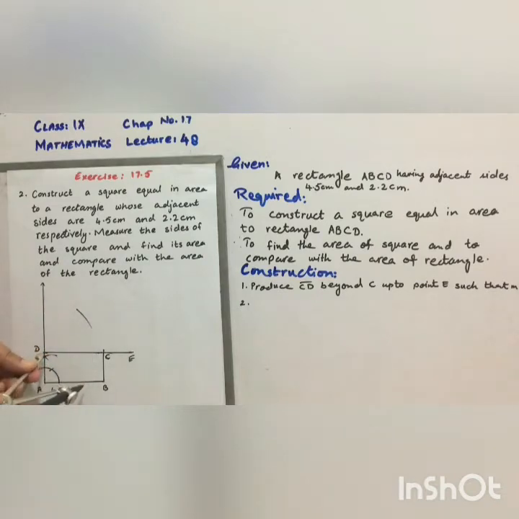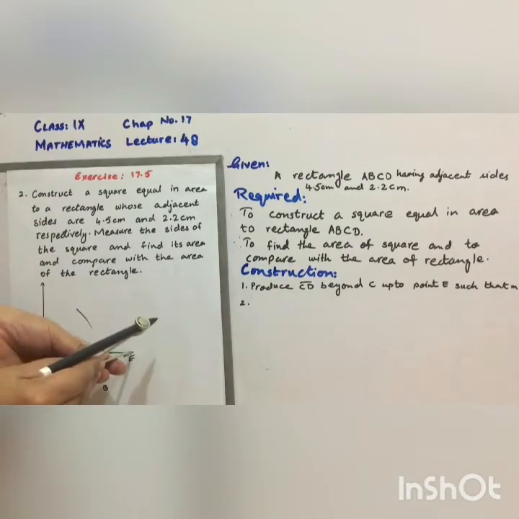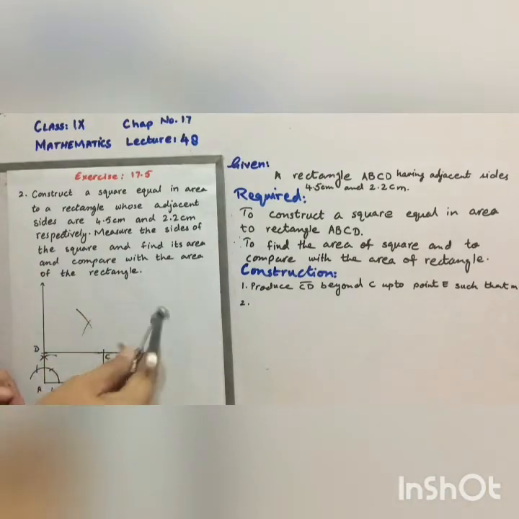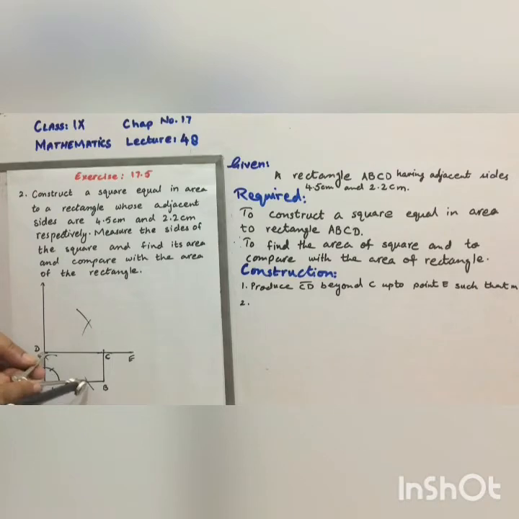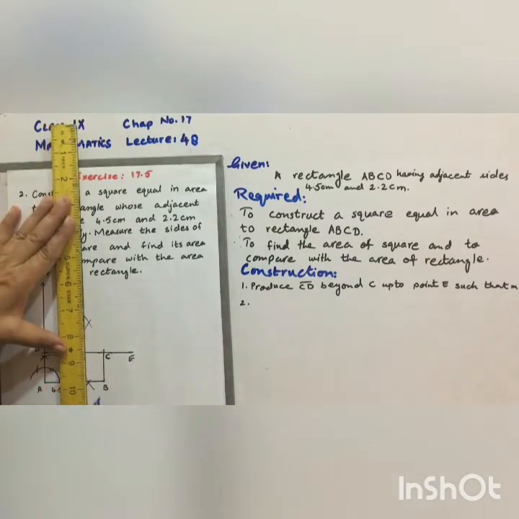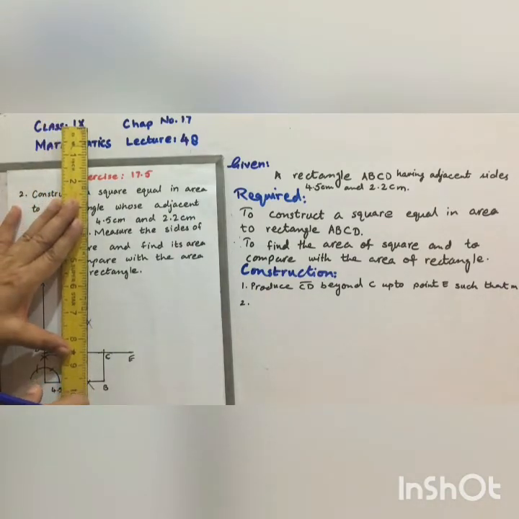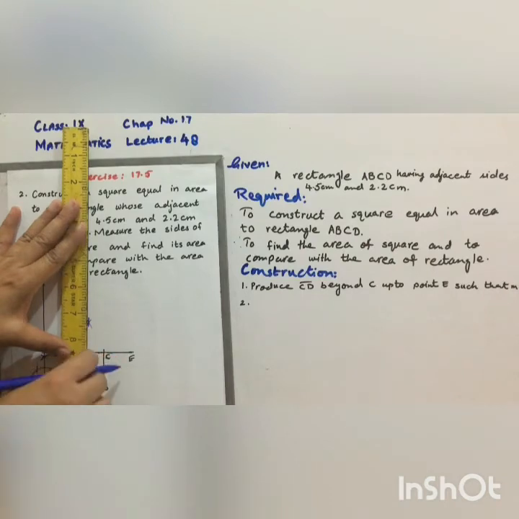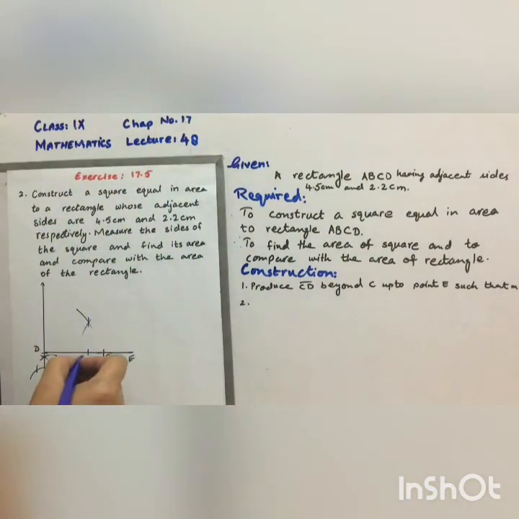Mark arcs to both sides of DE to get the midpoint of DE, which is M.